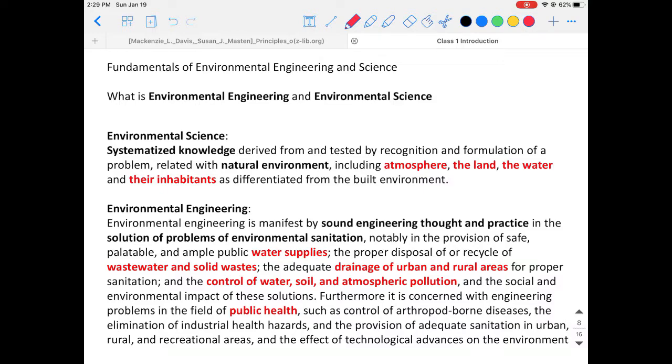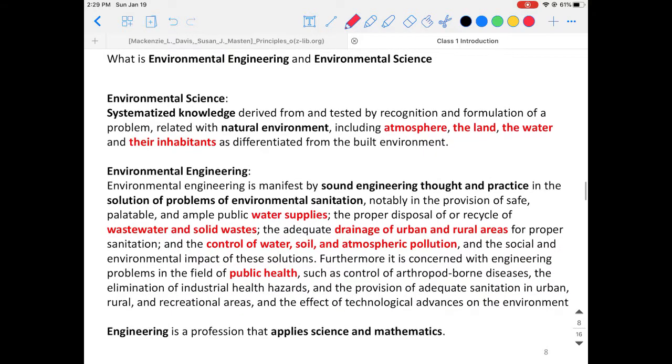These problems can include water supplies, wastewater and solid waste, drainage of urban and rural areas, and control of water, soil, and atmospheric pollution. It also relates to public health: you can control airborne diseases and problems related to sanitation. So environmental engineering is more targeted at problems, and we're trying to find engineering solutions by using this systemized knowledge.